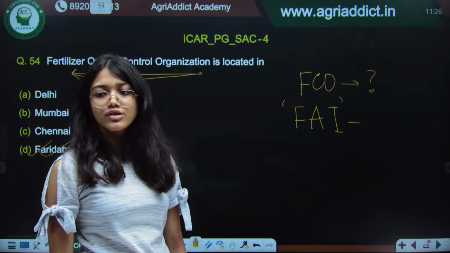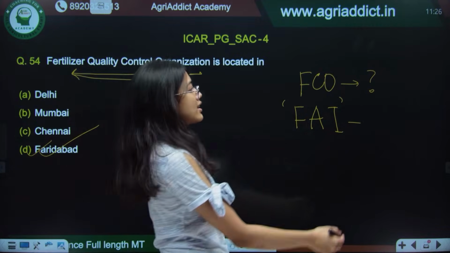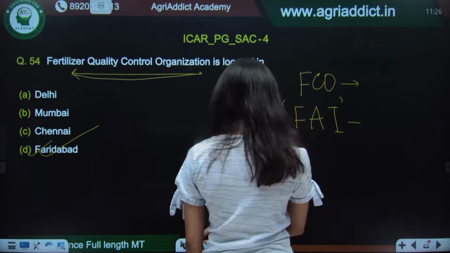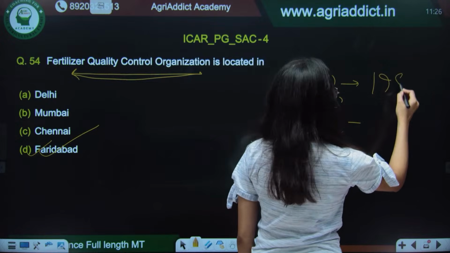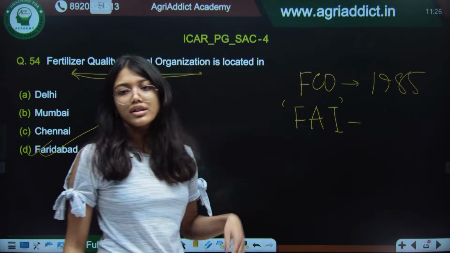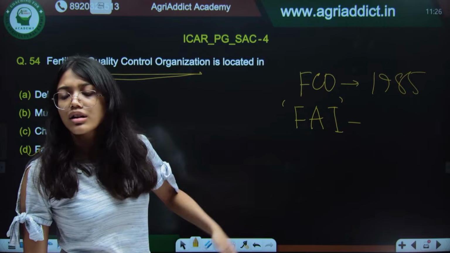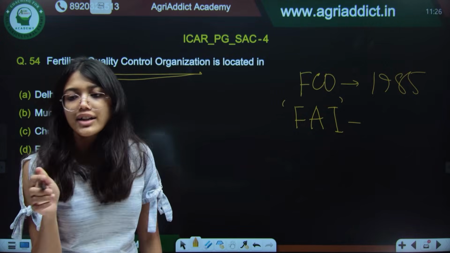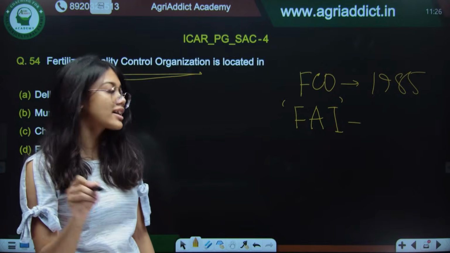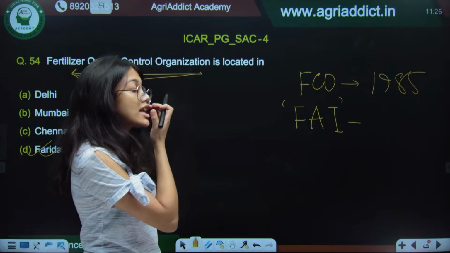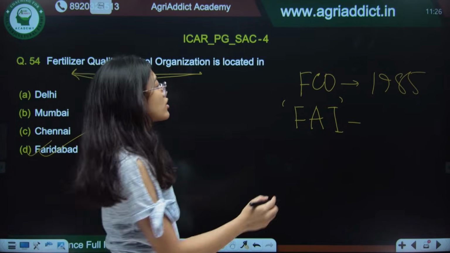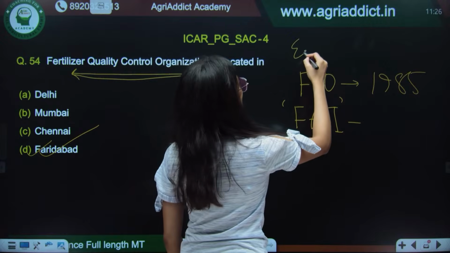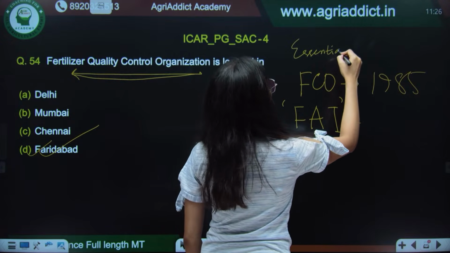Yes, it came in 1985. Okay, 85 or 87, now I am getting confused. I want the correct answer from you guys. Before the Fertilizer Control Order, there was another act called the Essential Commodities Act.